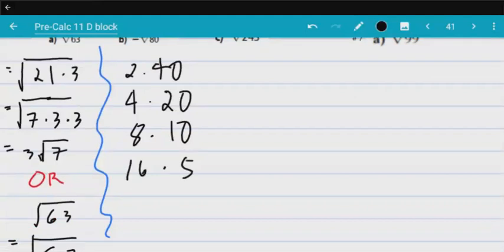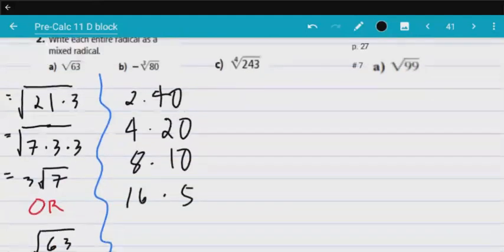But if you ask me with those sets of numbers, this is what I'm going to choose. Why is that? Because 8 has a cube root, all right? So let's see what I mean by that.